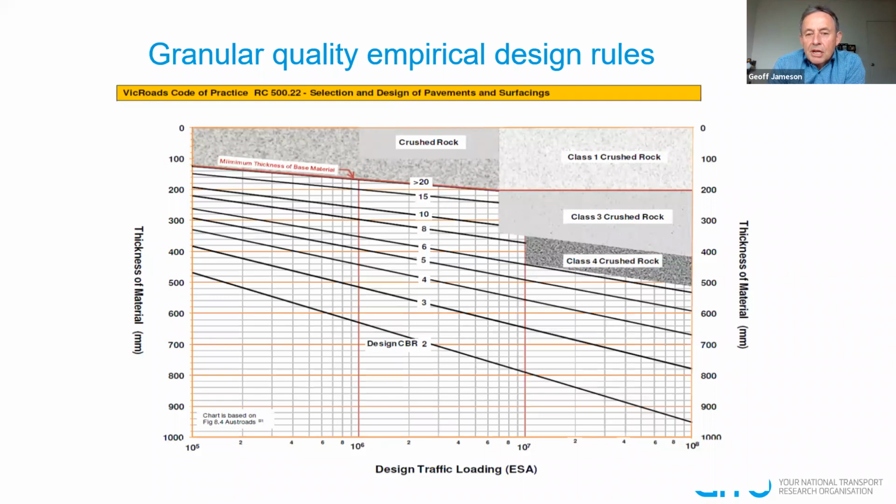So what we use in design is a combination of a mechanistically determined subgrade strain criteria, plus some empirical design rules based on experience with materials by different road agencies and tied to their specifications.